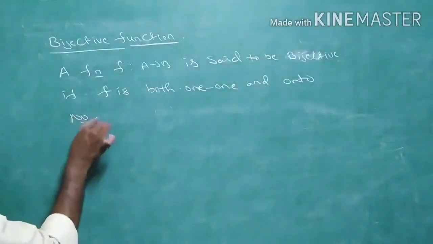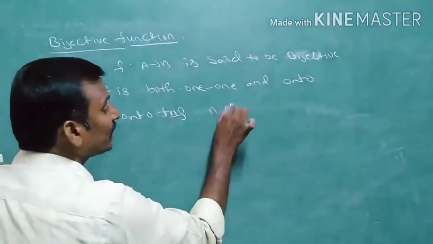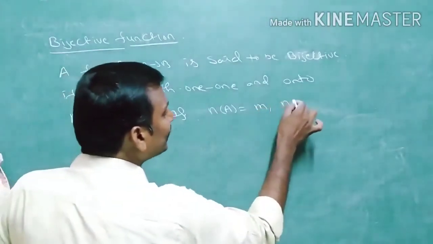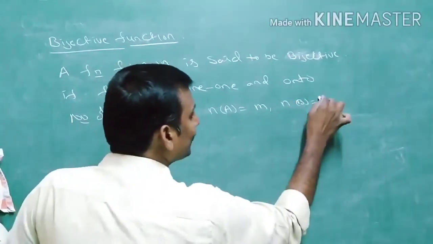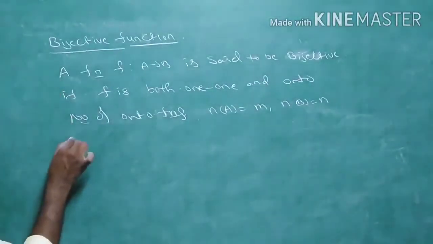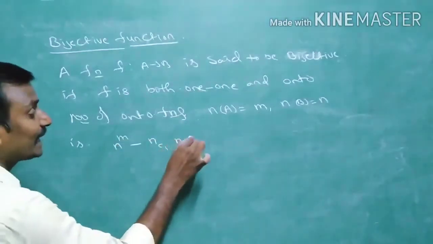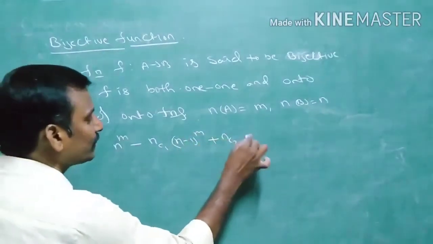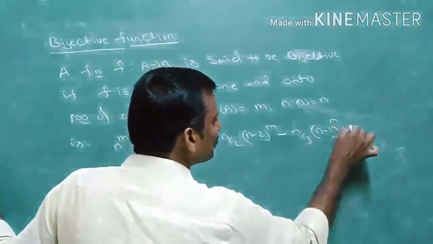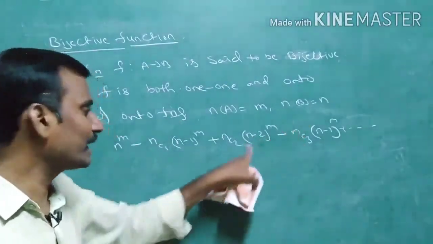Number of onto functions, if set A contains m elements and set B contains n elements, the formula is n power m minus nC1 into (n minus 1) whole power m plus nC2 (n minus 2) whole power m minus nC3 (n minus 3) whole power m, and so on, continuing up to n minus n, which is 0.